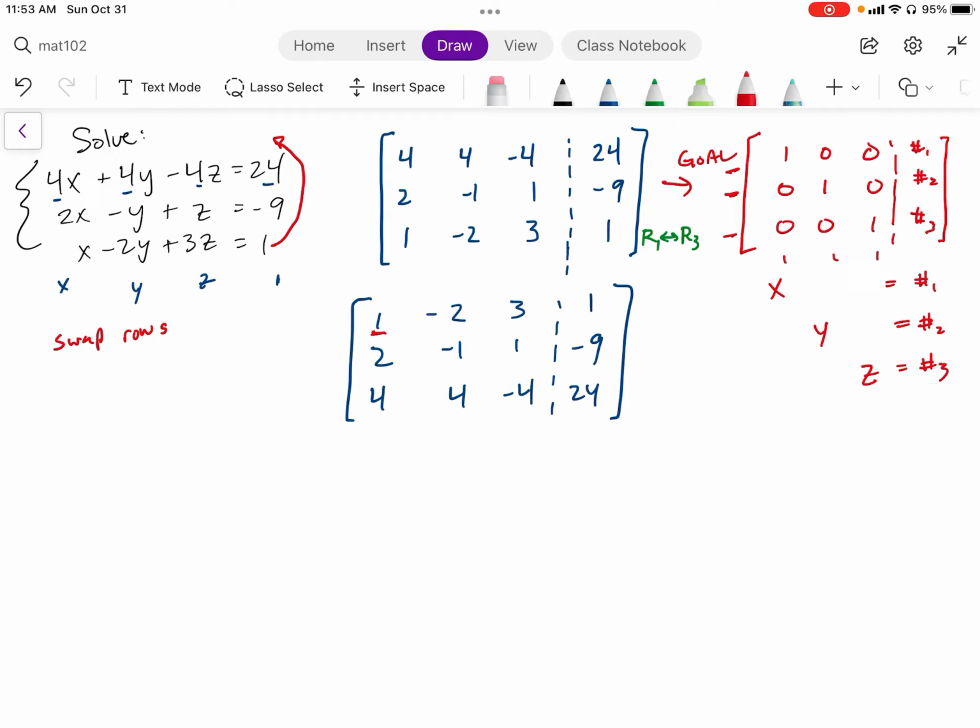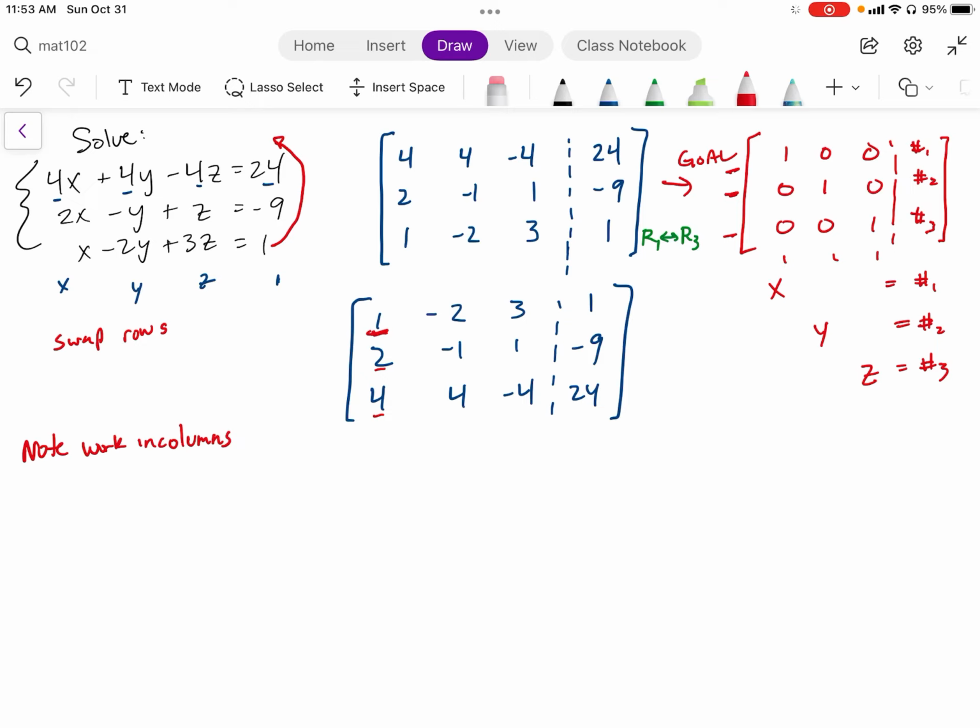I mean, I want all ones in the diagonal, but in order, you work by column. Okay, I have a 1, so next I need 0, 0. All right, that is your first goal. Work in columns. Or work by columns, okay?